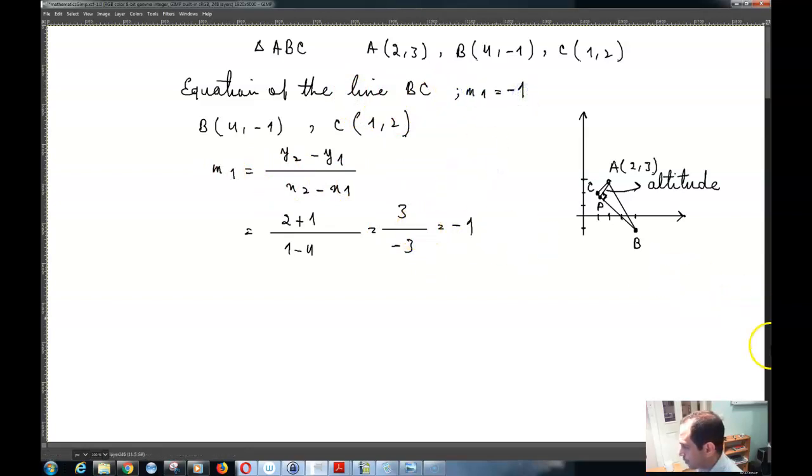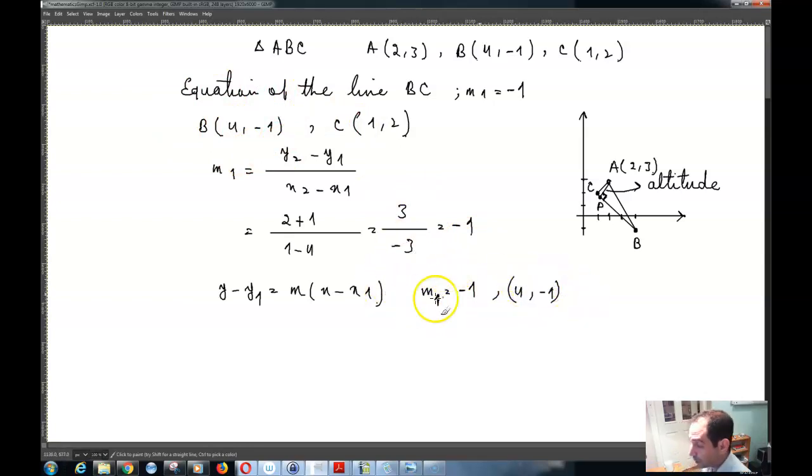So the slope of this line BC, m1, is equal to -1. And you also know that y minus y1 is equal to m times (x minus x1). So I take m1 as -1, and one of the points, for example (4, -1), as (x1, y1).